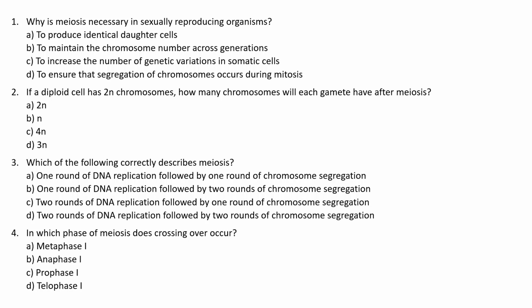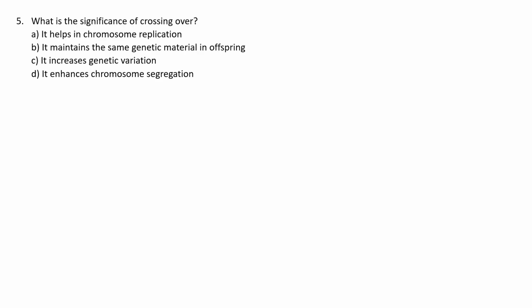And pachytene is part of prophase 1, which is part of the first phase of meiosis. So the correct option here is C. Okay. So I hope that is clear now for everybody. If anyone has any questions, don't hesitate to ask. I'll move on to the next set then. Okay. So what is the significance of crossing over?